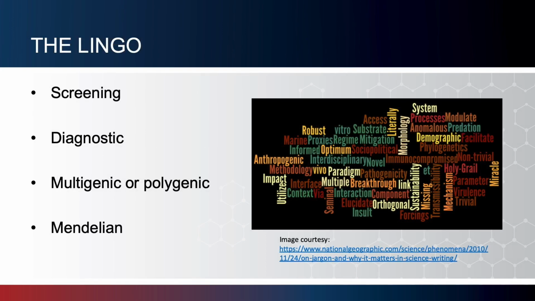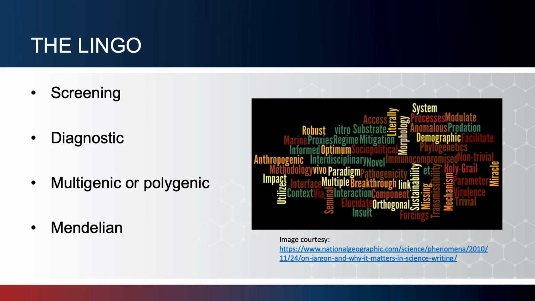I'll try to avoid using too much jargon, but I do want to get you guys familiar with some of the lingo that you might hear when you're talking about genetic testing or when you're reading about genetic testing. The first spectrum that we'll talk about is screening versus diagnostic testing.